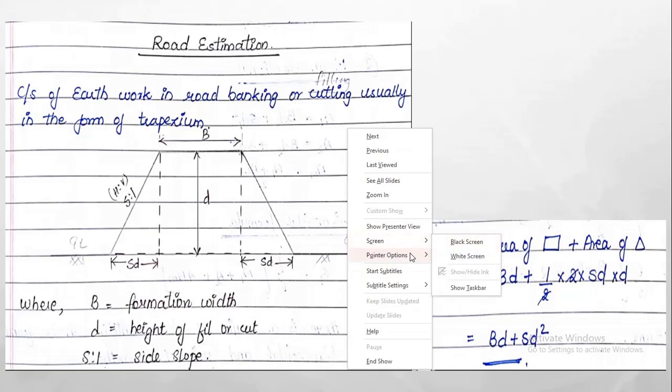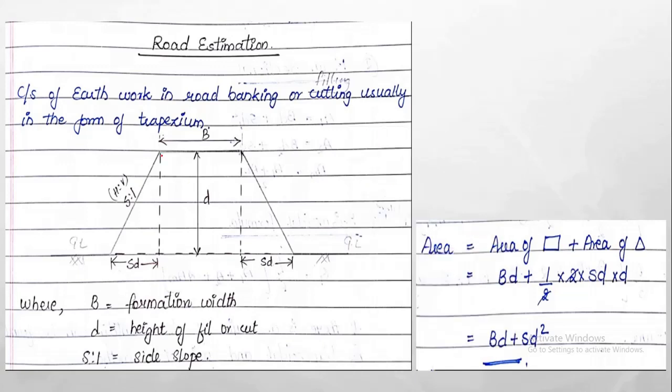If we are considering the three-dimensional view, the road will be like this, and this will be the place above this surface only that vehicles will be traveling. So this is the cross section.